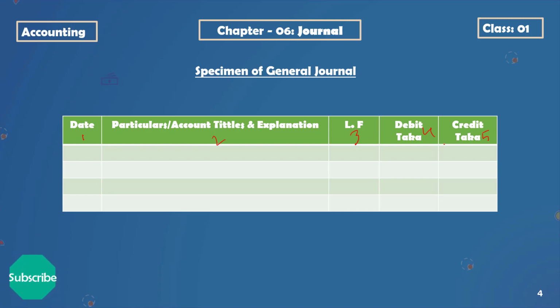So you have to remember that in the specimen of journal there are 5 columns: 1, date; 2, particulars or account titles and explanation; 3, ledger folio; and 4 and 5 are debit taka and credit taka respectively.